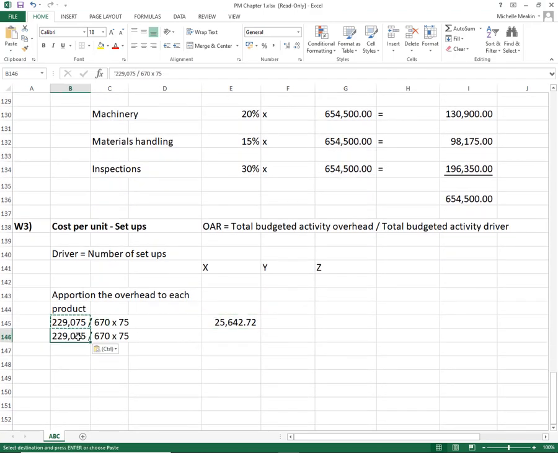And I'm going to do the same again. Divide the overhead for the cost pool by the total number of setups times it by the number of setups needed for product Y.